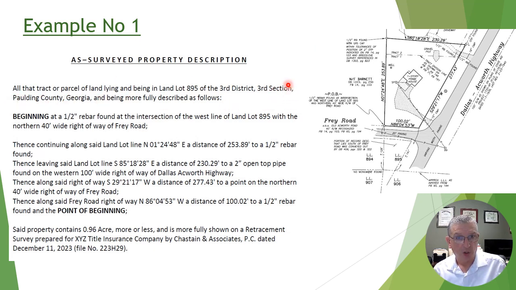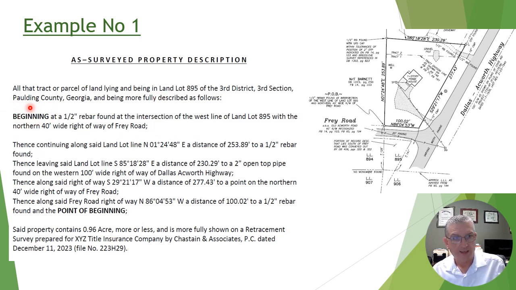The location caption: all that tract or parcel of land lying and being in land lot 895 of the 3rd district, 3rd section, Paulding County, Georgia, being more fully described as follows: So ta-da, here we go. Now, that's not a full sentence, but it's grammatically correct in how the words are structured.